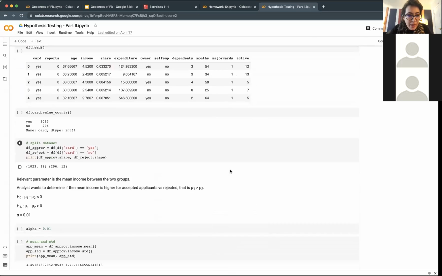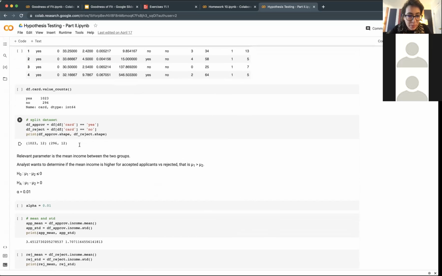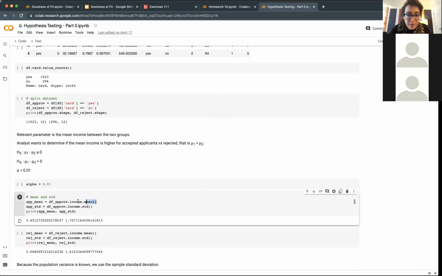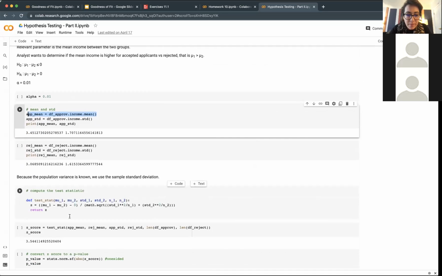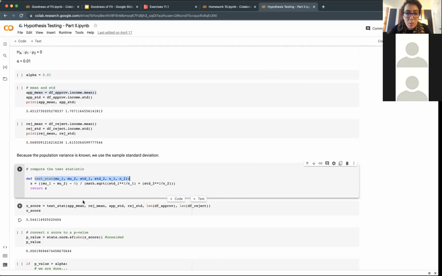So we're talking about how in this case, from the demo where we were looking at the folks who get approved and rejected for a credit card, we created two separate means and standard deviations to be used in this formula here, compared to in the homework where it gives you these values as inputs.